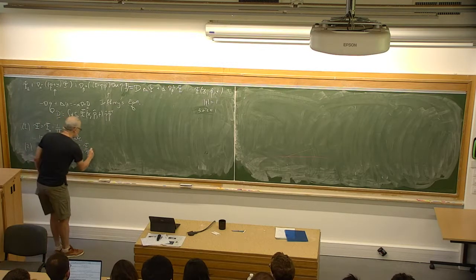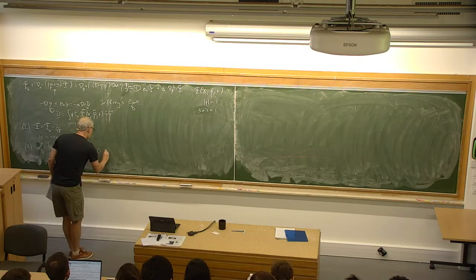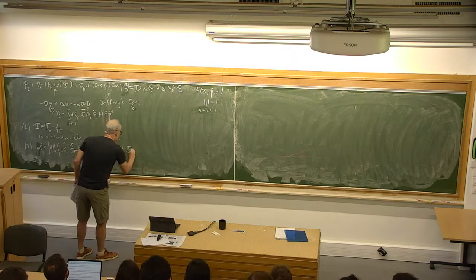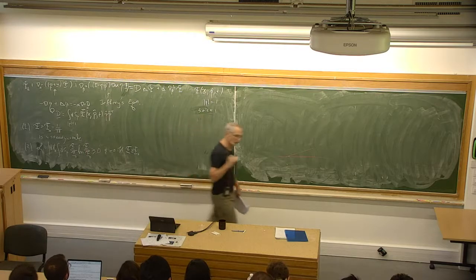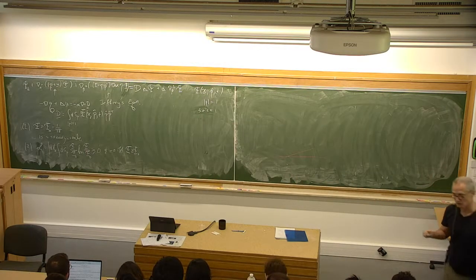And this had the property that it's non-negative and equal to 0 if and only if psi is identically psi naught, the isotropic state. So the isotropic state is the minimum of this energy-like quantity. Okay?